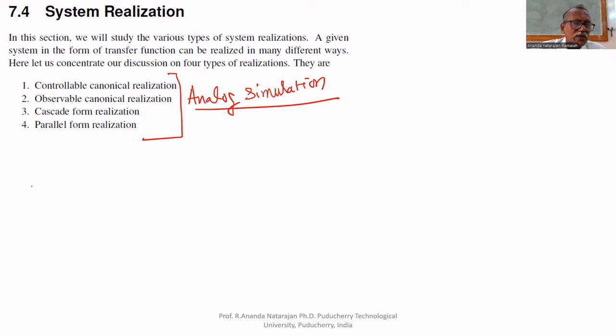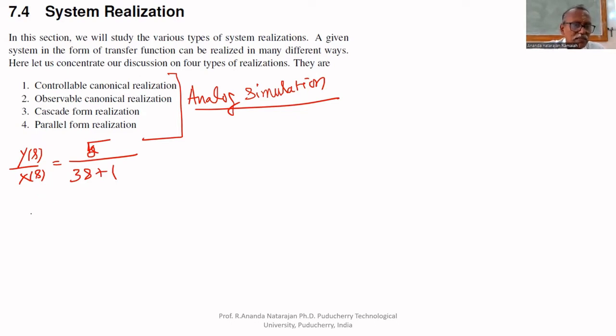So if you want to simulate, for example, a system with transfer function Y(s)/X(s) equal to 5 upon 3s plus 1, this has to be simulated using analog circuits, not the digital way. Digital, we know how to simulate. We have to digitize the equation, then write a program. You can use computers to simulate, but analog, how to simulate? That we are going to see now.